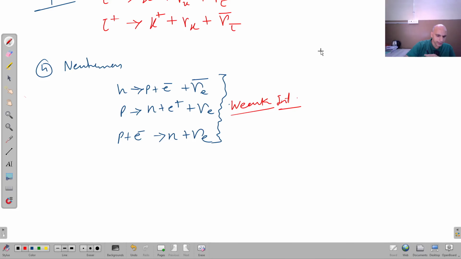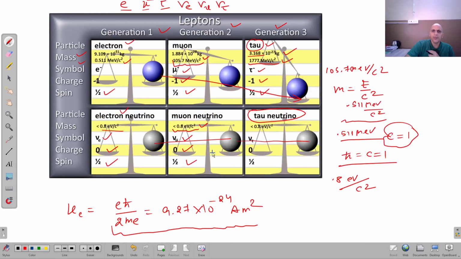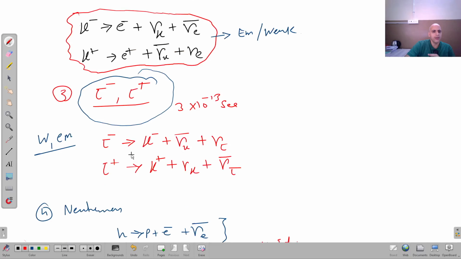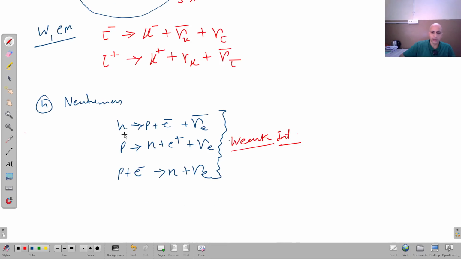As far as their other properties are concerned, they are written here. Whether it is the electron neutrino, the neutrino associated with the tau particle, or the neutrino associated with the muons, all of them have the same property.